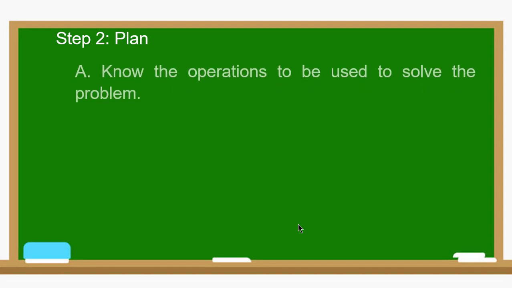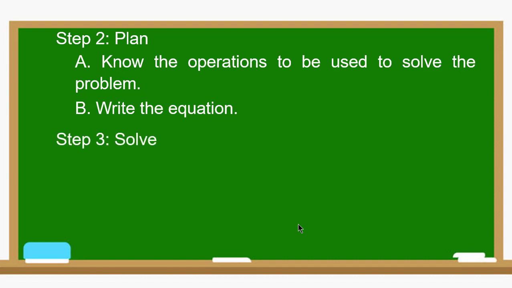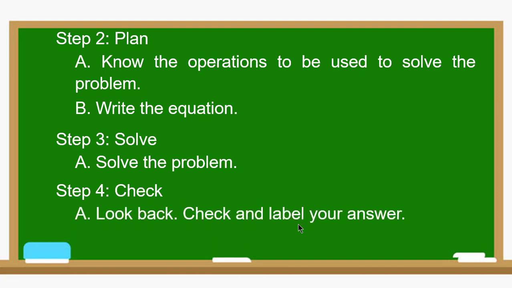Plan. A. Know the operations to be used to solve the problem. B. Write the equation. Step 3. Solve. A. Solve the problem. And step 4. Check. Look back, check, and label your answer.